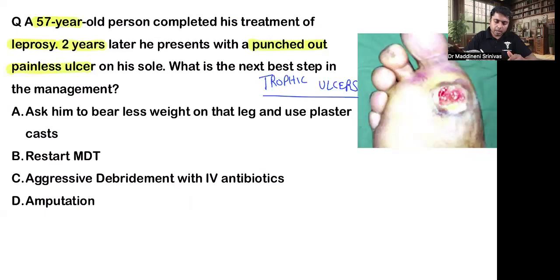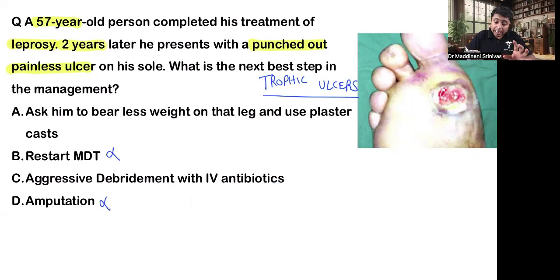Please remember, restarting MDT does not make any sense because the trophic ulcers can occur even without the presence of the Mycobacterium leprae bacillus. Okay, so restarting MDT is not an option. Amputation is not needed. That much aggressive treatment is not required.